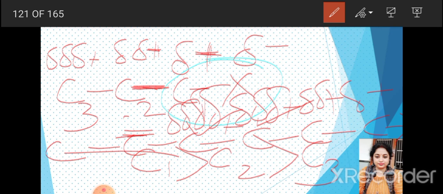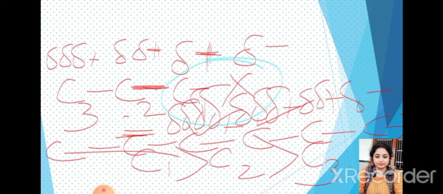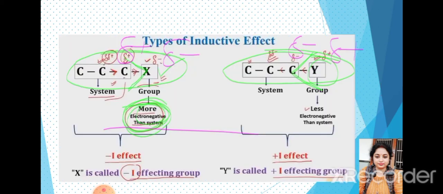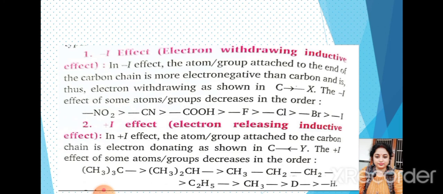After that, it becomes negligible. This inductive effect is of two types. As you can see, a more electronegative atom or a less electronegative element may be attached, so it will be of two types. We just call it plus I effect and minus I effect.